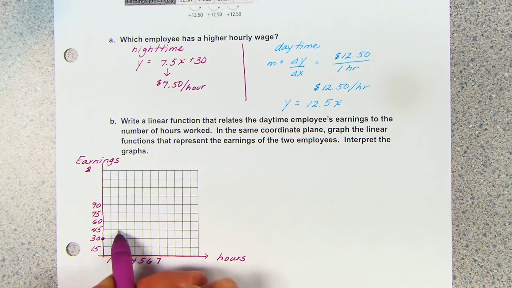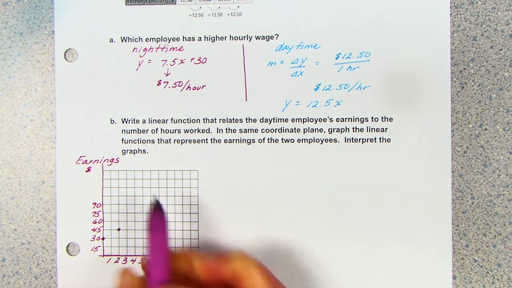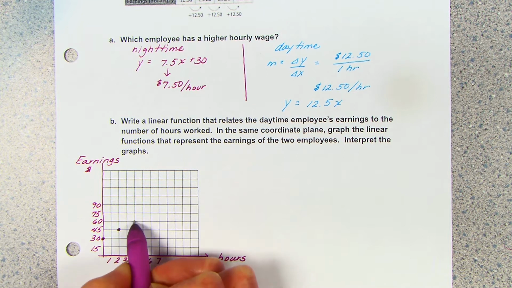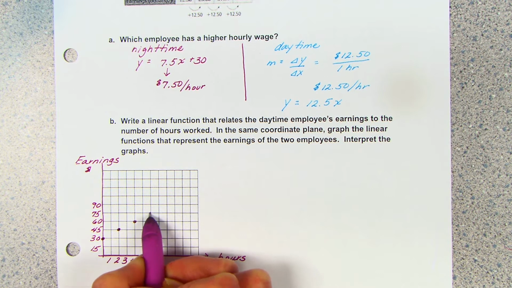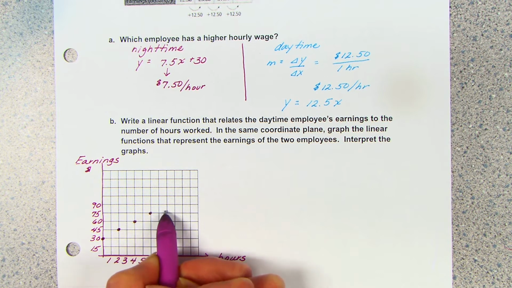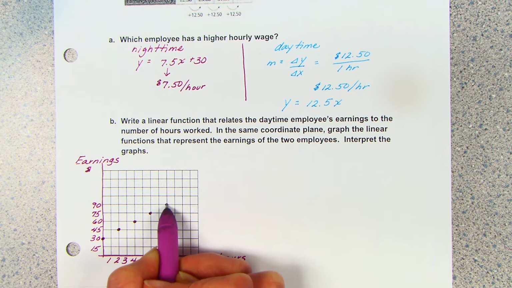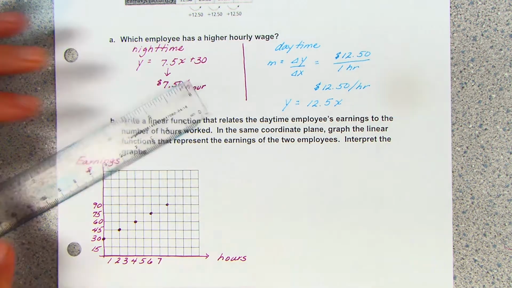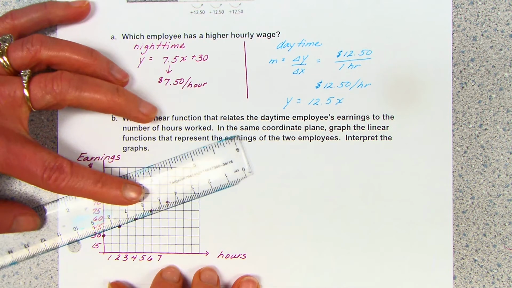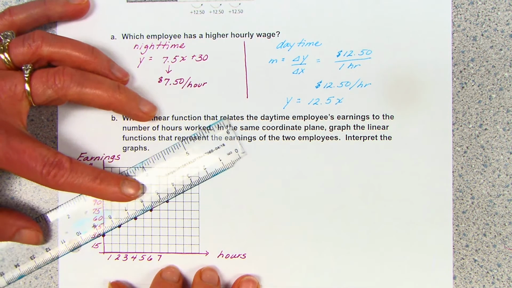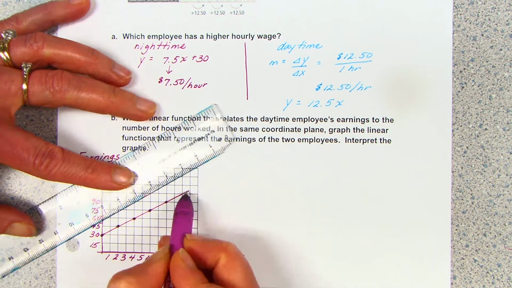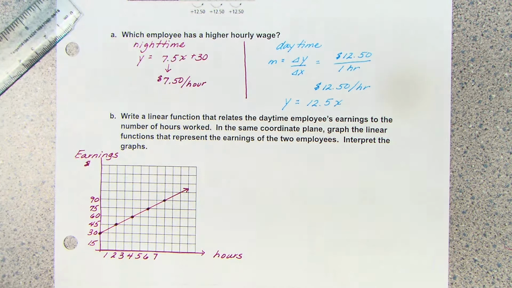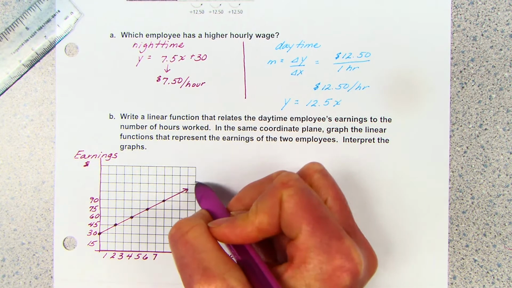So in 2 hours, I would go up to 45. And in 2 more hours, I would go up to 60. And in 2 more hours, I would go up to 75. It's easy, so I'll go over 2, go up 1 more. And then draw my line. Okay, actually, let's label that one while we're there.